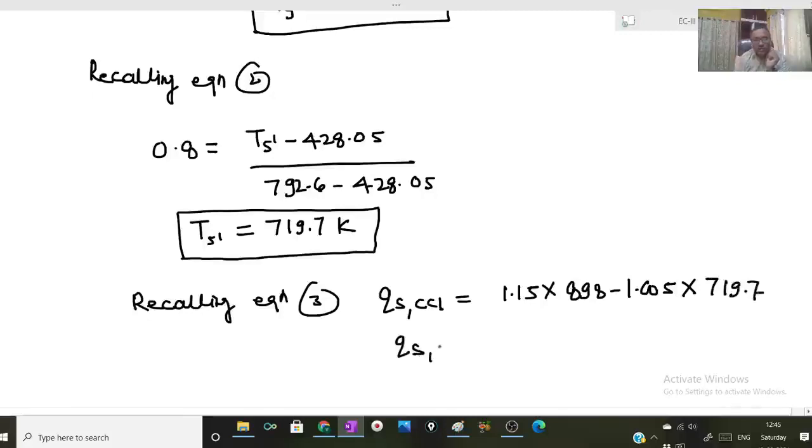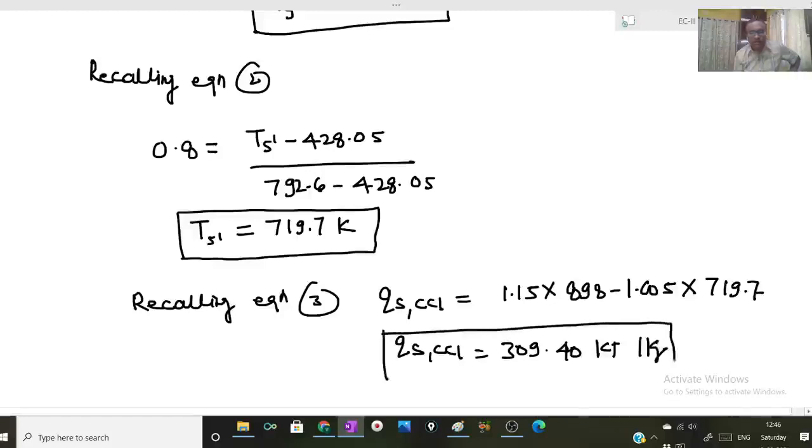So QS CC1 will be 309.40 kilojoule per kg. Okay. So with this, I am able to calculate all the intermediate parameters.